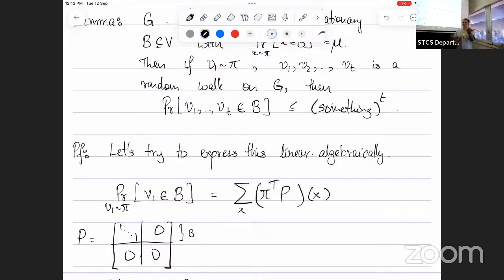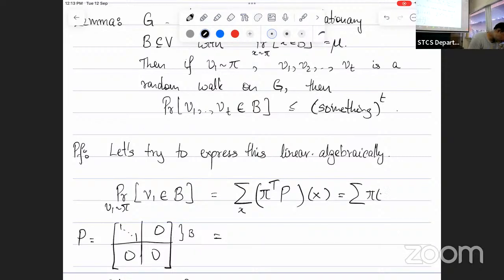But I'm only interested in those situations where I fall inside the set B. So I zero out things outside of B, things that didn't satisfy my event. And now I add up all the entries, all the coordinates that I have, and that's the probability that my first vertex is inside B.